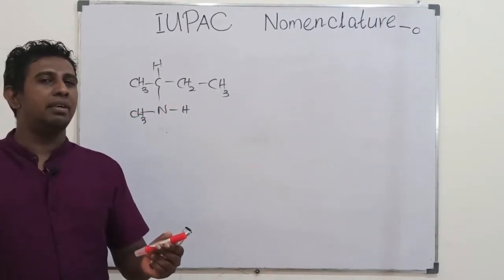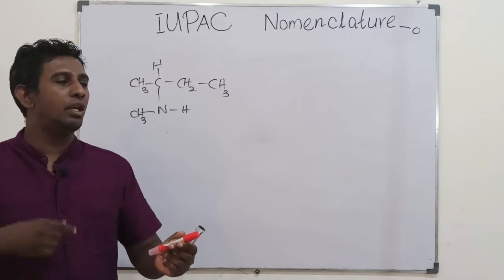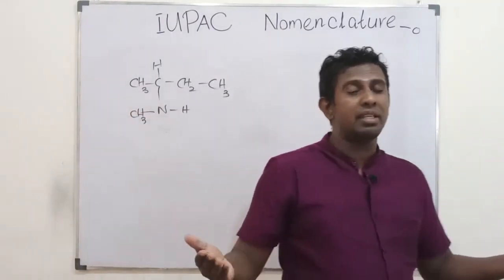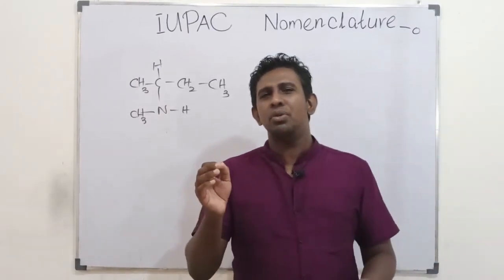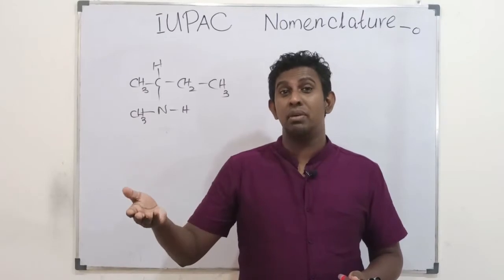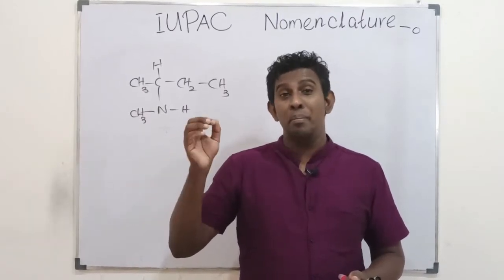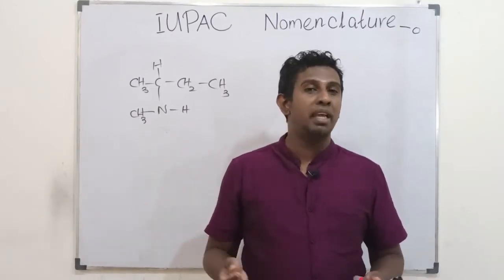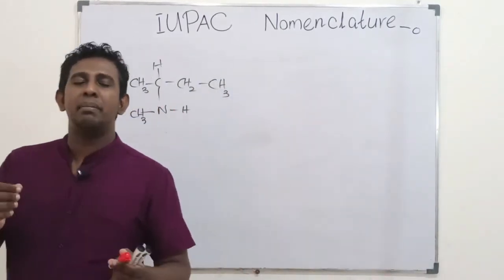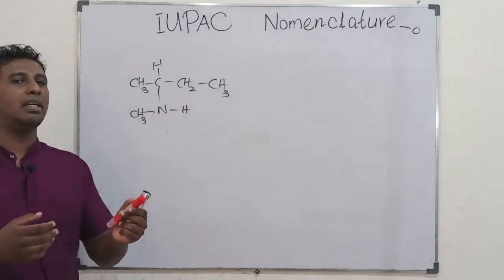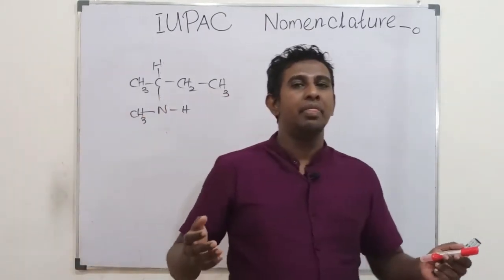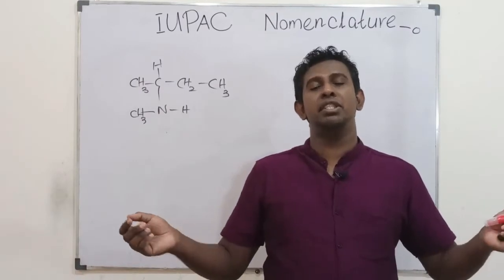Then we are going to number the main chain from one end to the other. We number the main chain by giving the lower value to the main functional group there. And then after that it's triple and double bonds. Then it's the maximum number of substituent groups there. Then it's the longest carbon chain.